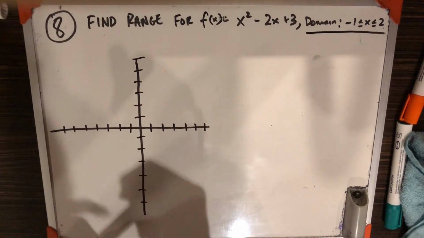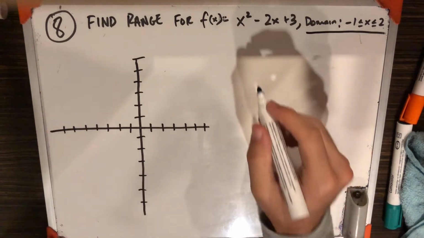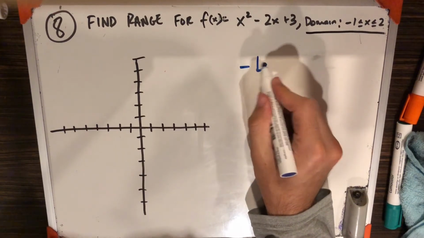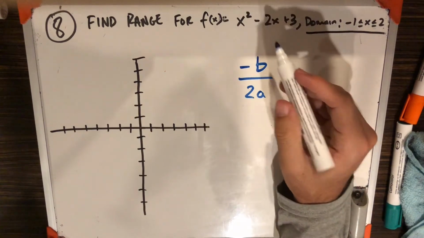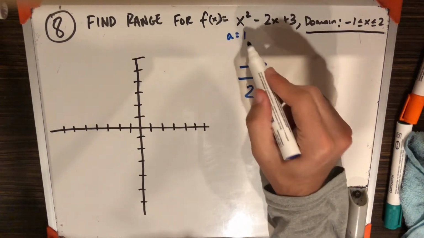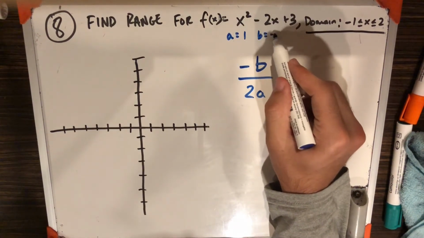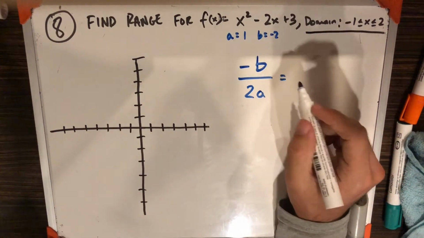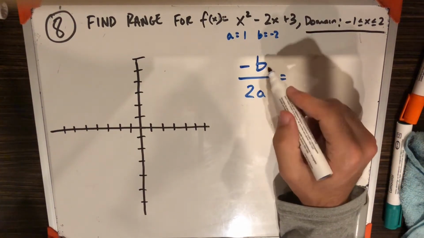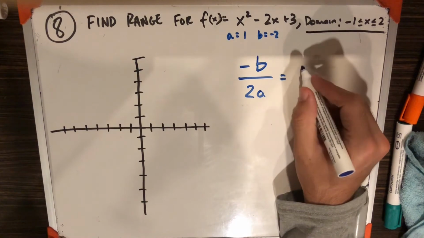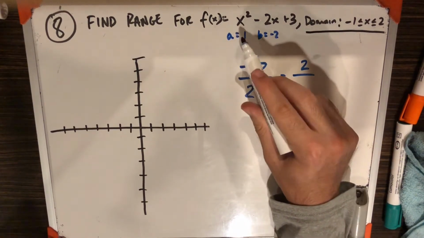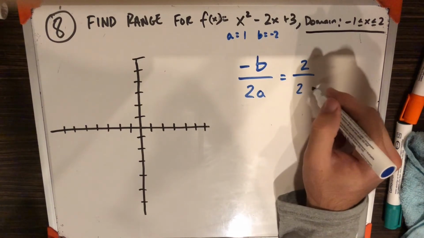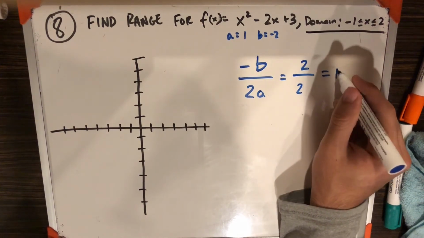So first thing I should do is try to find my vertex. How do we find our vertex? Well, we have to use this formula, negative b over 2a. Again, a ends up being 1 here, b is negative 2. So negative and negative, that will become a positive 2. And then a is just 1, so 2 times 1 is just 2.